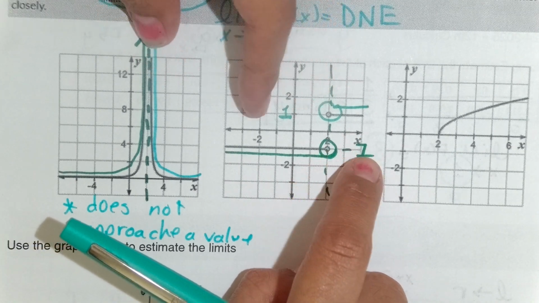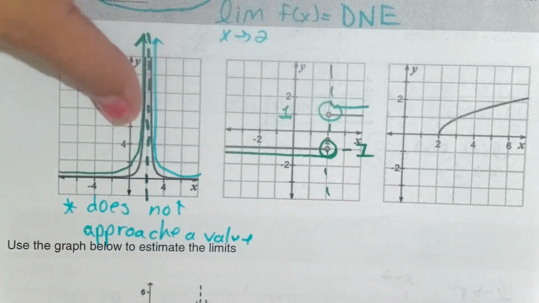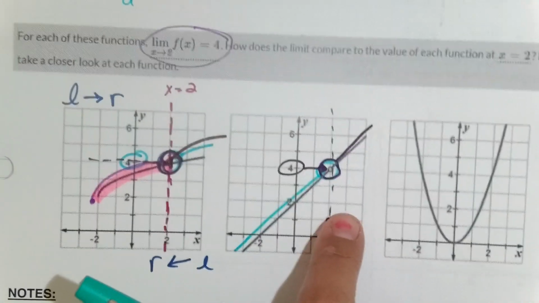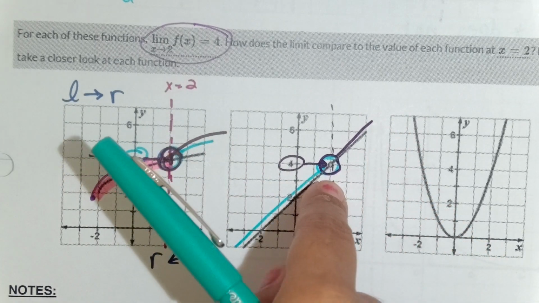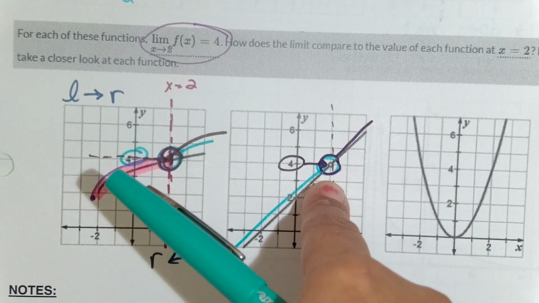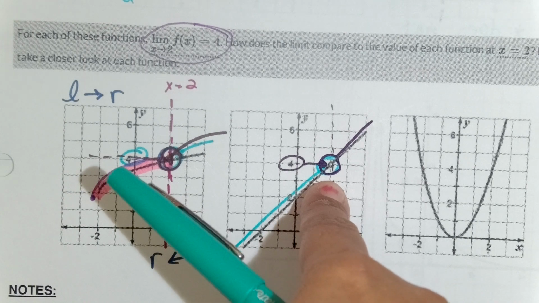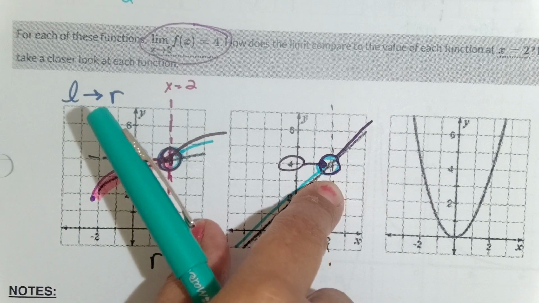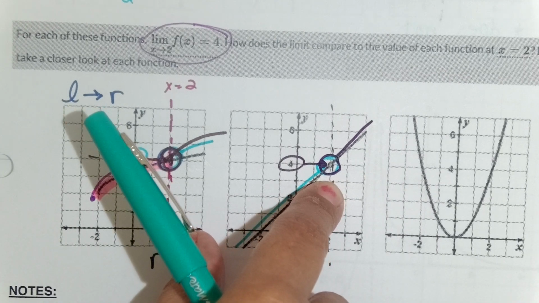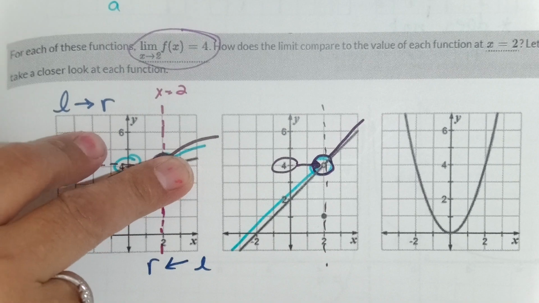Because there's a jump and these two are not the same number, which is different from the previous one. Yes, there's a jump there too, but that graph approaches the same number. Do we see the difference in the two? Good? Are we sure? Okay.